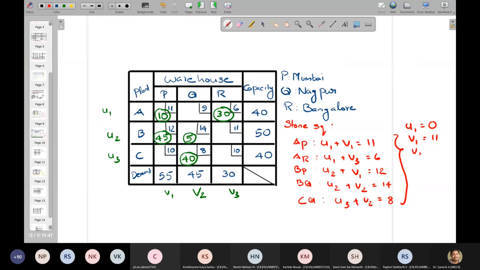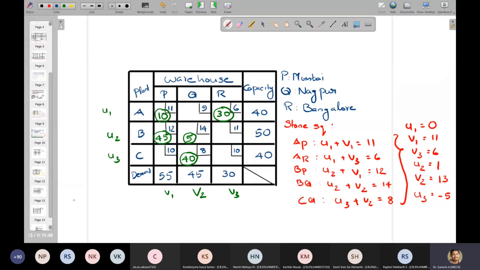Then U2 equals 1, I think. Then with U2 you can substitute and get V2, which is 13. V2 is 13, and with V2 you get U3: 13 plus 6, minus 5. U3 is minus 5. Now you calculate the net cost change.